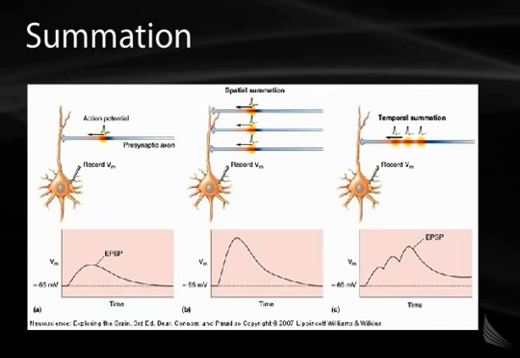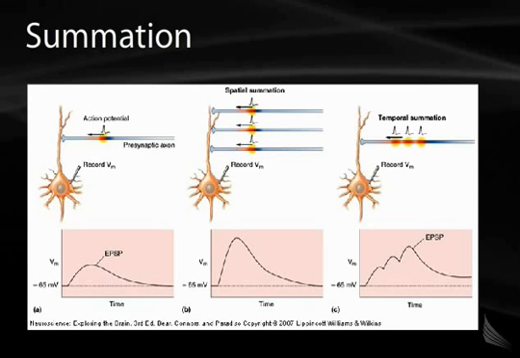Now, one can combine these postsynaptic potentials in various ways. Shown on the left is a pyramidal cell being recorded from, and a single axon impinging on that pyramidal cell's apical dendrite. As that presynaptic cell's action potential travels down the axon and then triggers a postsynaptic response, the EPSP triggered by that is shown on the bottom left.